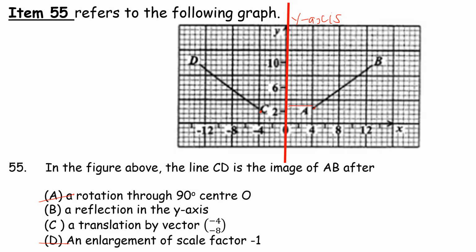So it's more looking like B, a reflection. Translation is where you're shifting. It looks more like the image, so it's a reflection. For 55, the answer is B, a reflection in the y-axis. So this is our y-axis that we emphasize here.